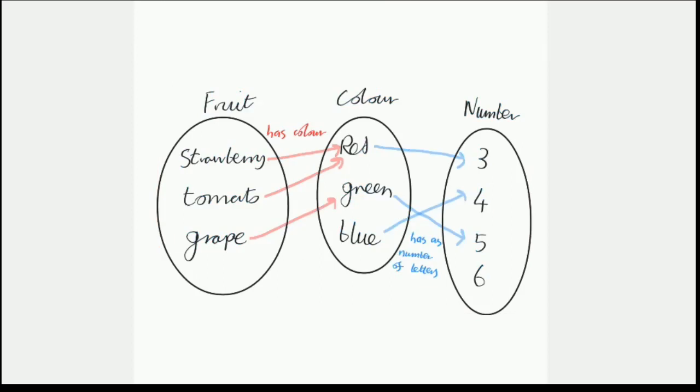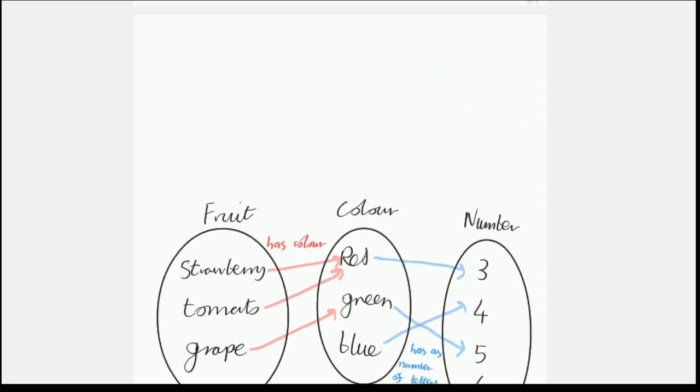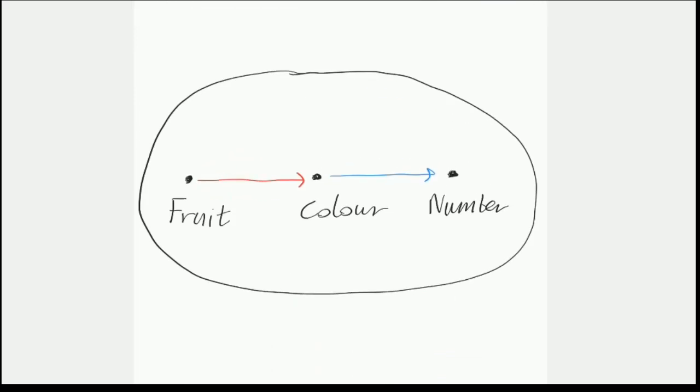So here's our first example again. We have this set of fruit, this set of colours, and this set of numbers. And we have this red function and this blue function here. And so now with category theory, this picture just becomes this picture here. And so it's pretty simple what's going on here.